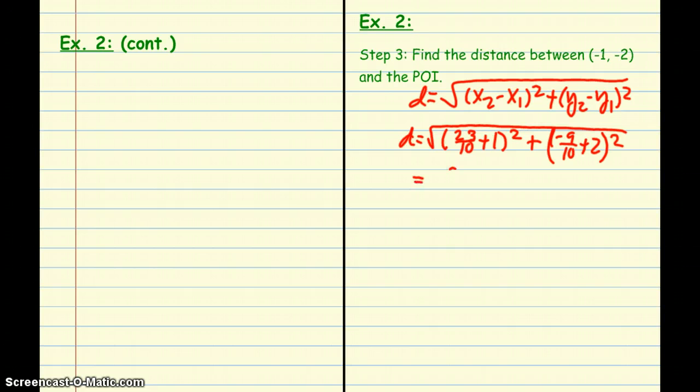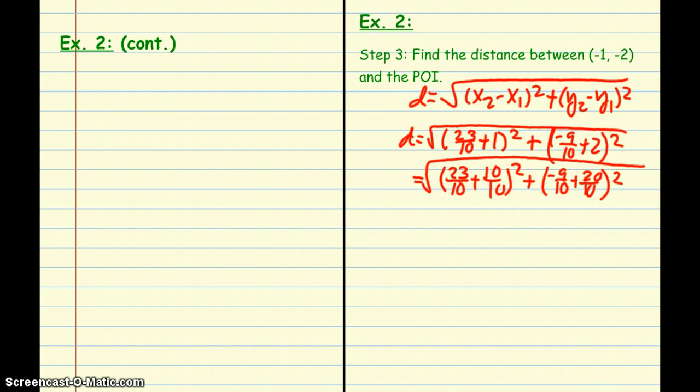So I'm going to use common denominators. So I've got 23/10 plus 10/10. And then I've got -9/10 plus 20/10 quantity squared.